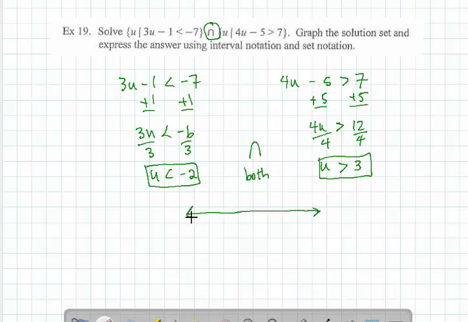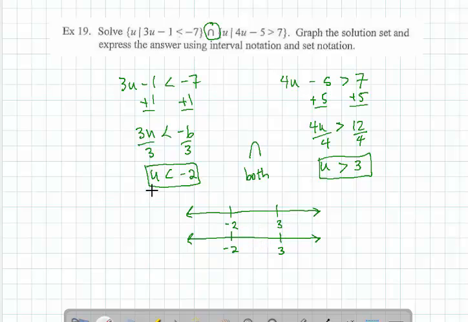Easiest way to figure that out is to draw two number lines on top of each other and locate your reference numbers, negative 2 and 3. Negative 2 is going to be on the left. 3 is going to be on the right because it's bigger. And we'll line them up so that we can compare the two number lines more easily.